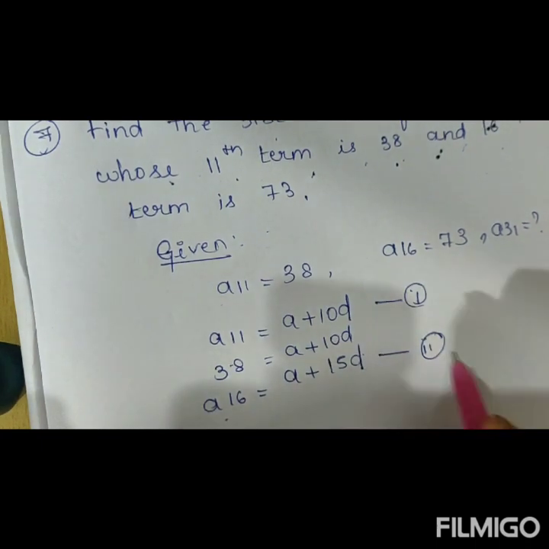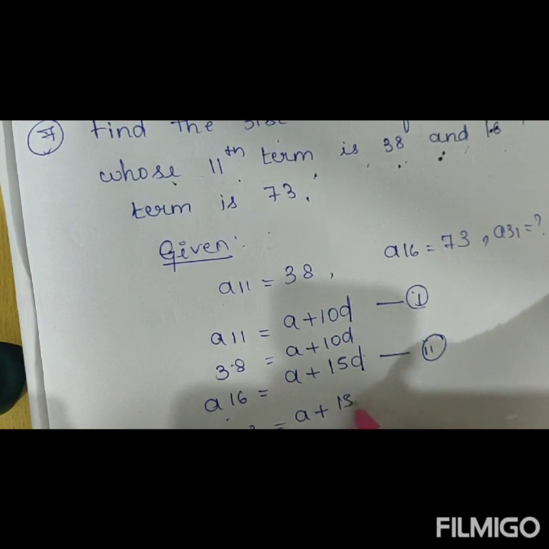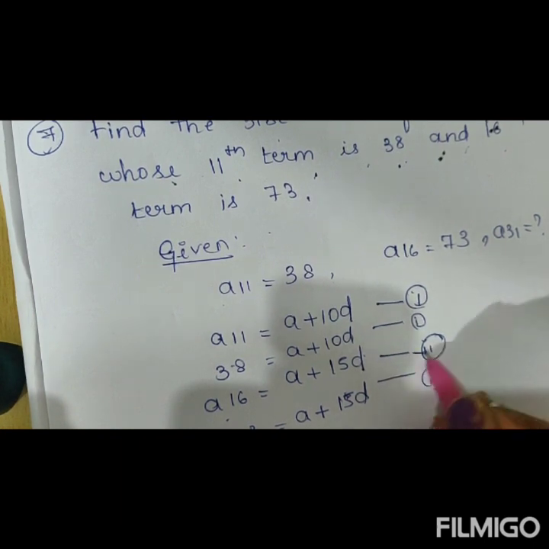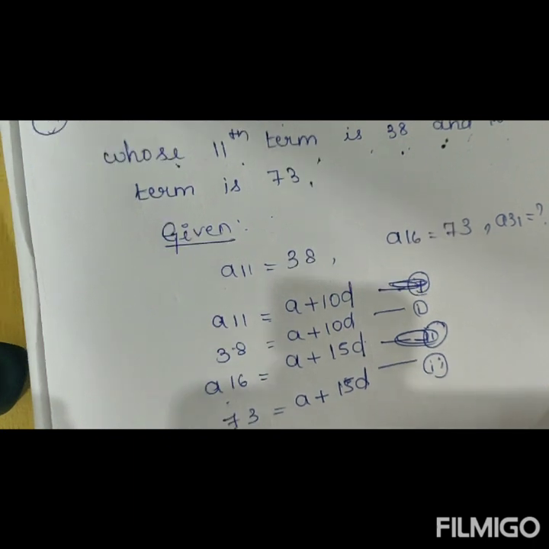Even A16 is 73, which is equal to A plus 15D. We know the value of A11 and A16. So let this be equation 1 and let this be equation 2, because we have written the value of A11 and A16.